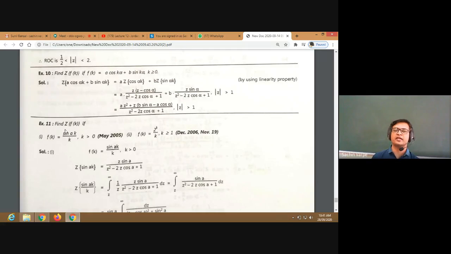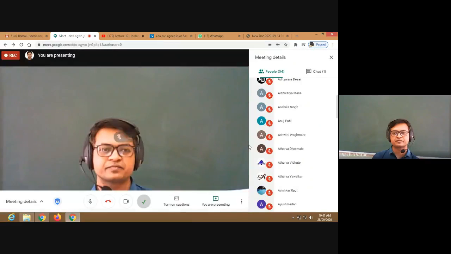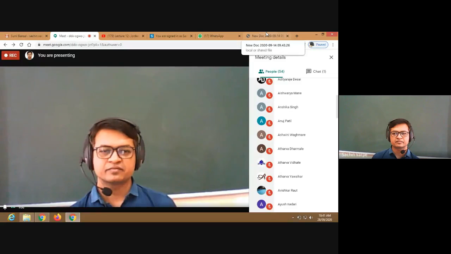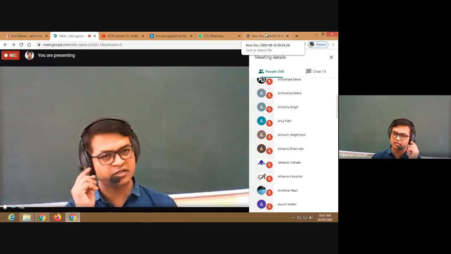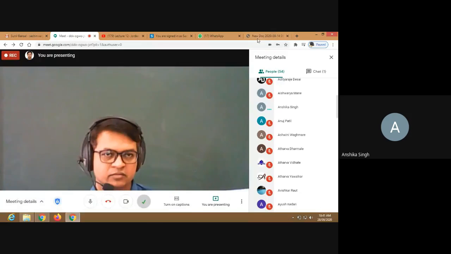The Z transform of sin ak is Z sin A upon Z square minus 2Z cos A plus 1, with region mod Z greater than 1.